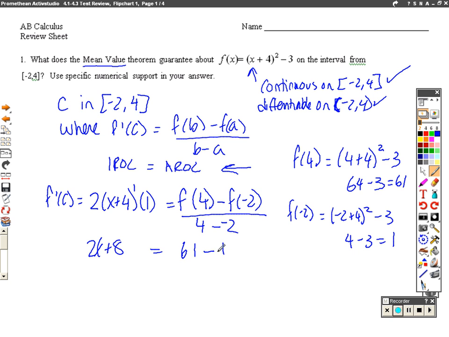So 61 minus 1 over 4 minus -2, which is just 6.